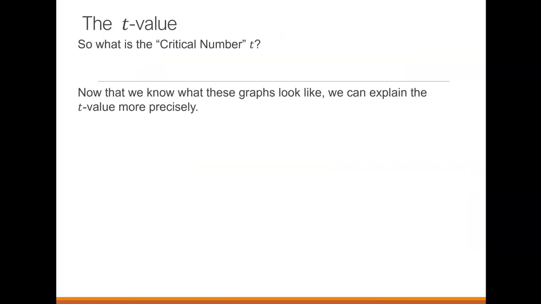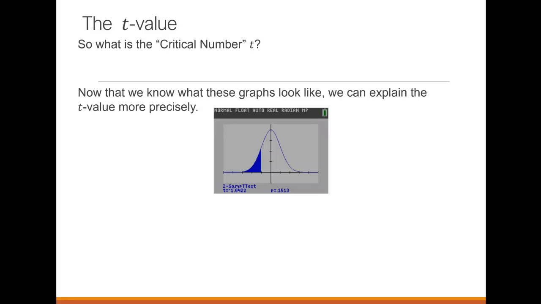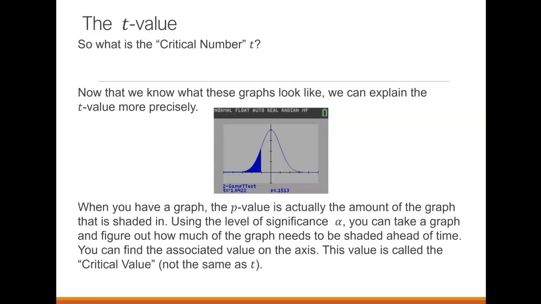So let's talk more about this value for t now, the so-called critical number. In our last example, we got this graph, right? And the t was this negative 1.04. So when we look at this picture, the p-value is the area under the curve that we've shaded.